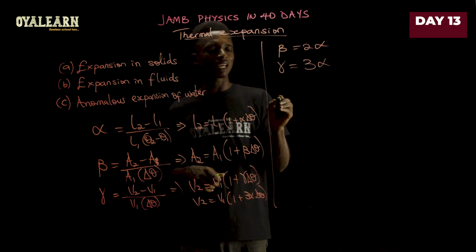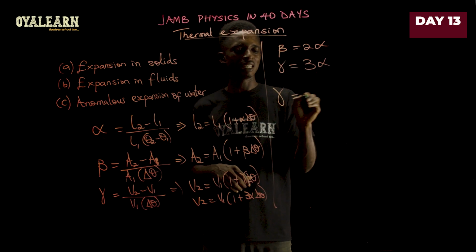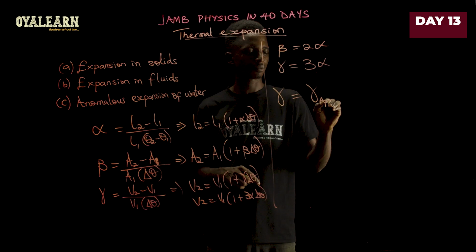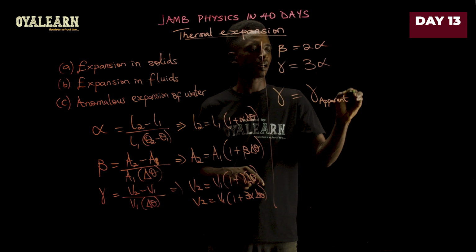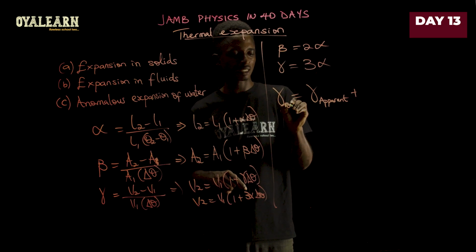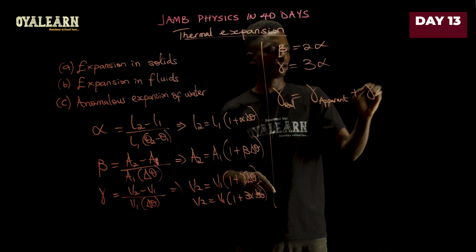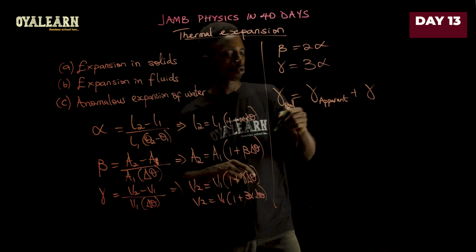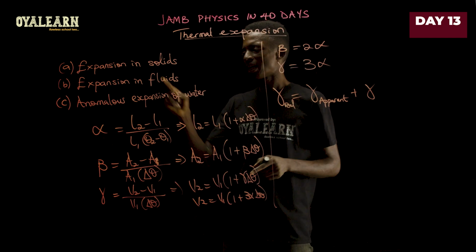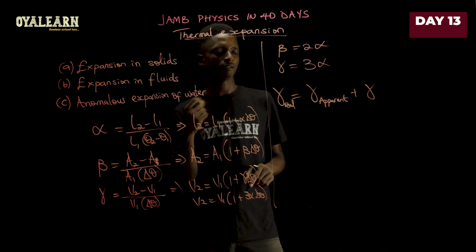So this is one of the things you have to put into consideration when working with expansion in fluids, which is why we say the real cubic expansivity for fluids is given as the apparent cubic expansivity plus the cubic expansivity of the container. So this equation applies when we are working with expansion in fluids.